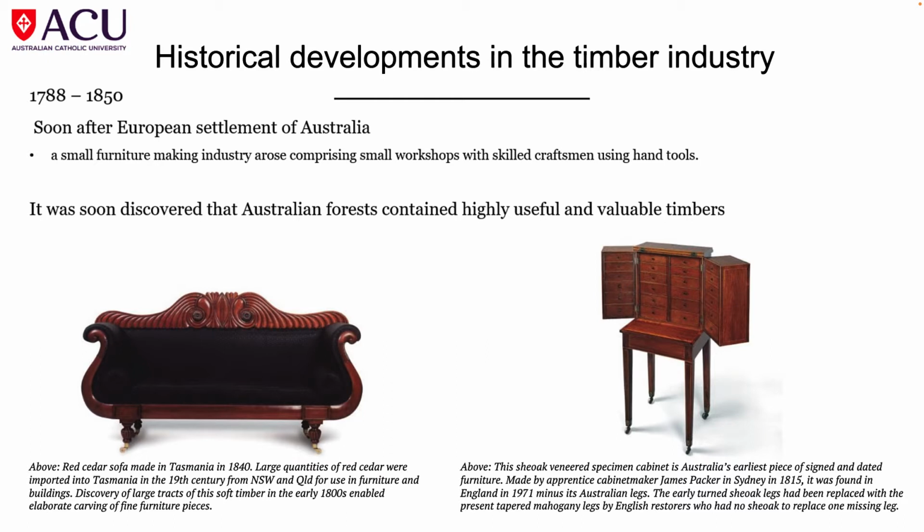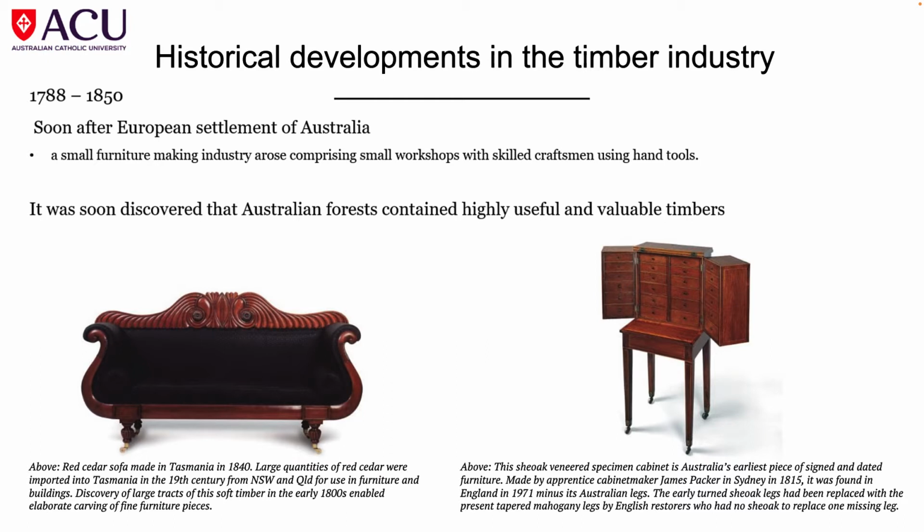So the sofa that you can see on the left there, that's obviously a very ornate item and would have been a very, very valuable piece of furniture. So really that was made for the very highest end of the market here in Australia. You're probably looking at top government officials, or it would then have been shipped back to Europe.